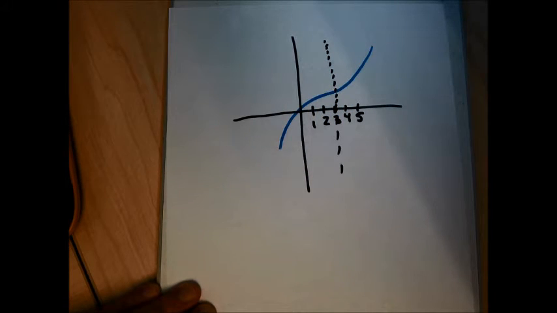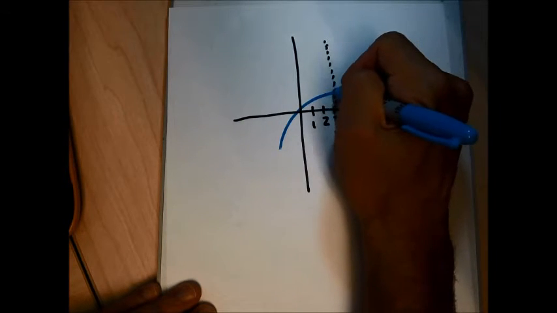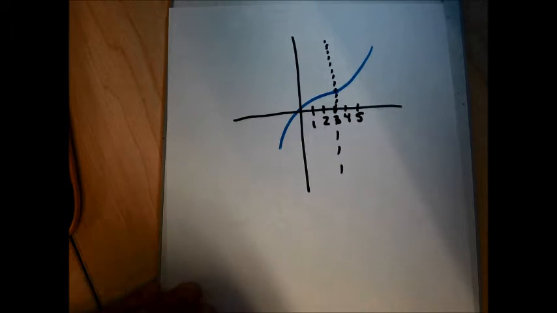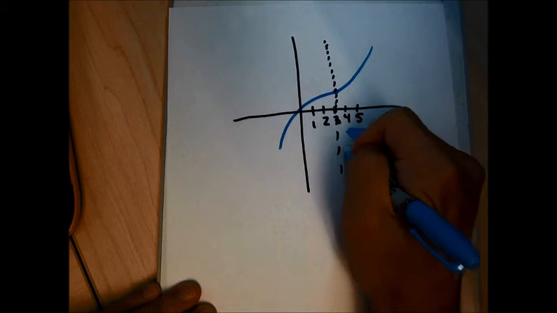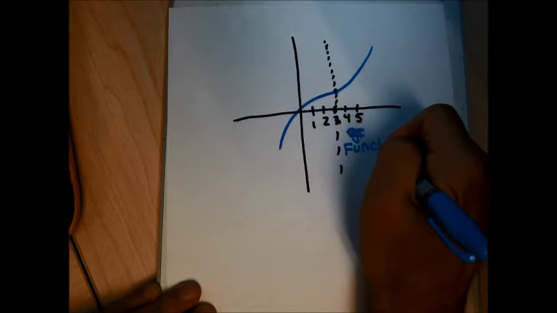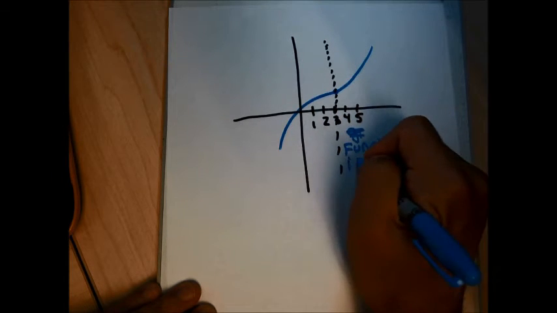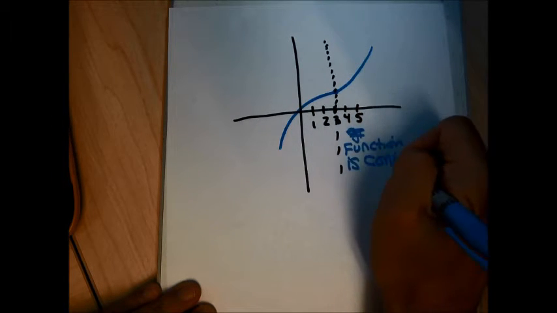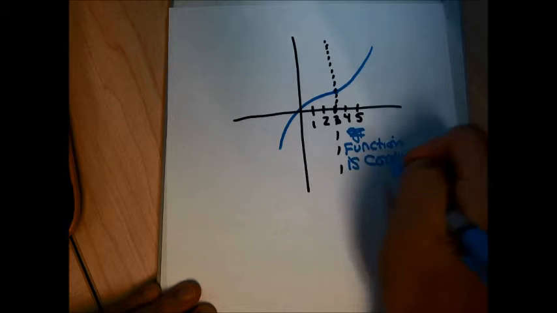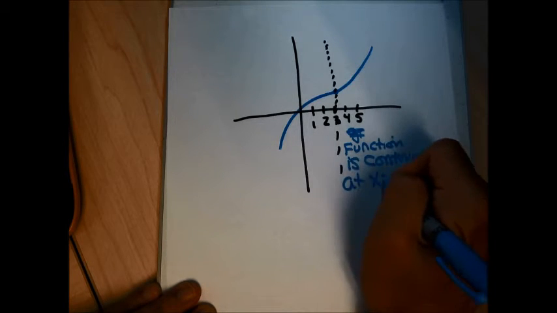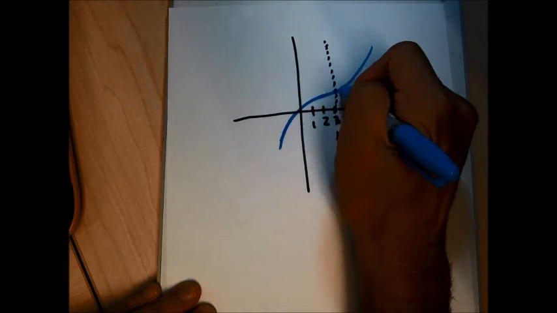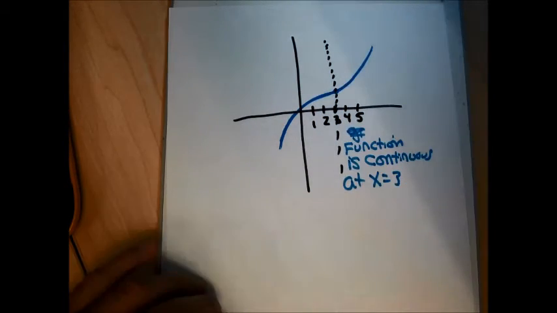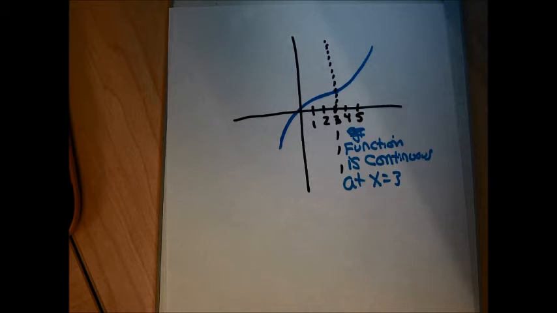Because when I drew the graph through 3, I didn't have to lift up my pencil, I'd say the function is continuous at x equal to 3, because as I was drawing the graph, I didn't have to pick up my pencil to segment the graph into pieces.